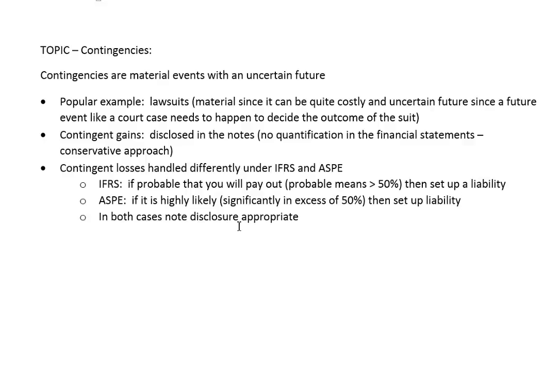But in either case, we do always do a note disclosure under IFRS and ASPE to explain what the lawsuit is about, to explain if there's a lower bound and an upper bound of what we think we might pay out.